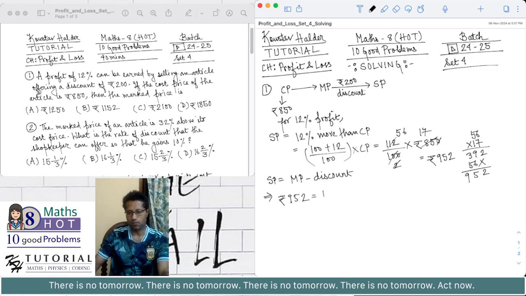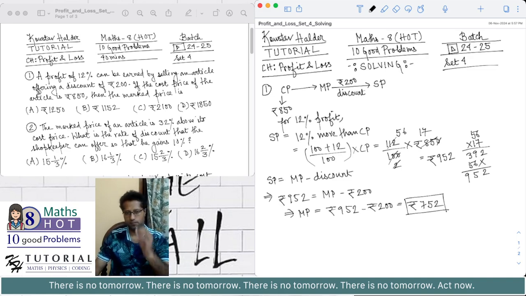This will be equal to the mark price minus the discount, which we also know is rupees 200. So this implies we can find the mark price is rupees 952 minus rupees 200, which is equal to rupees 752. So the mark price has to be rupees 752, and there is no choice of 752.